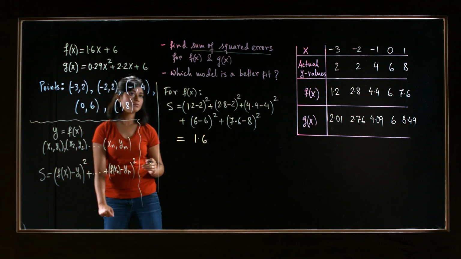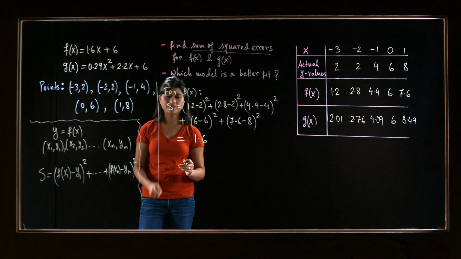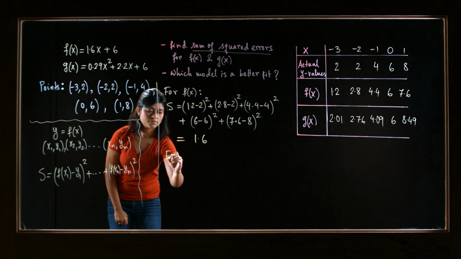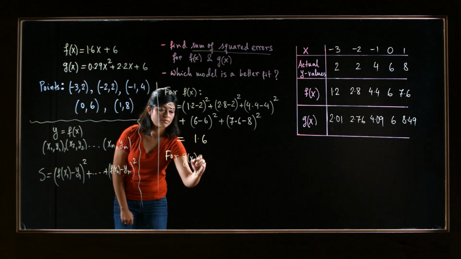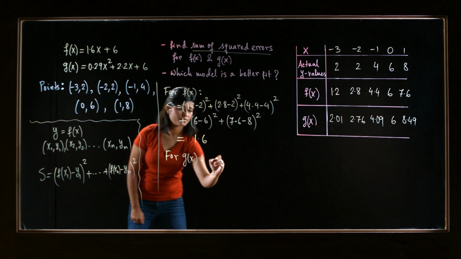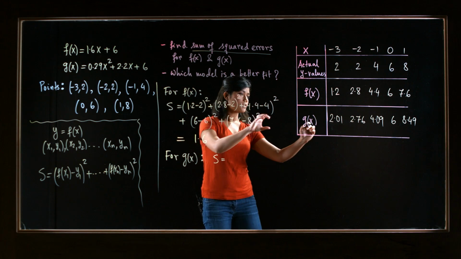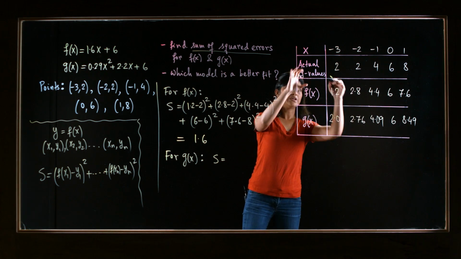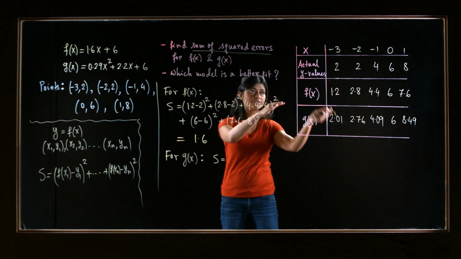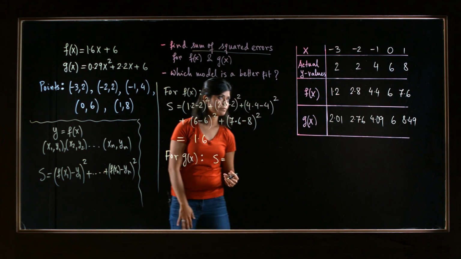Okay, now we have to do the same thing for g of x. So for g of x, let's write down the sum. Now we have to consider this row for g and the actual y value and take the difference and then square them and add them.